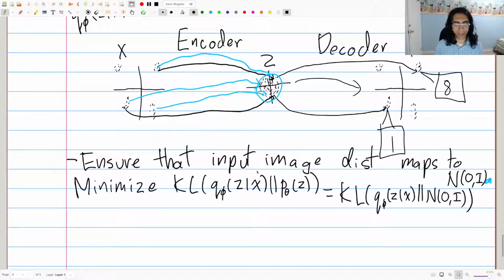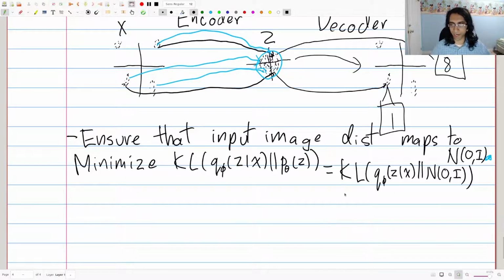Just to say that more succinctly, imagine we sample a point from the original distribution and we map it using the encoder. Then we want this to be roughly the Gaussian with identity covariance. It's what I told you in words, but now converted into math. And this expression is something that we're going to be able to optimize. But we'll revisit that in a bit.